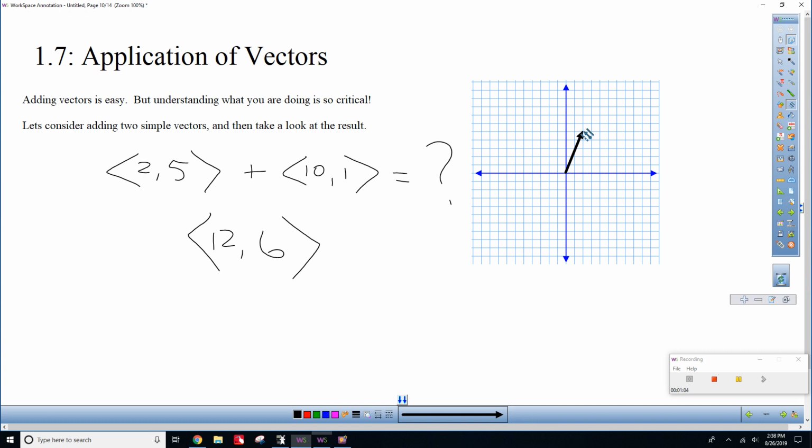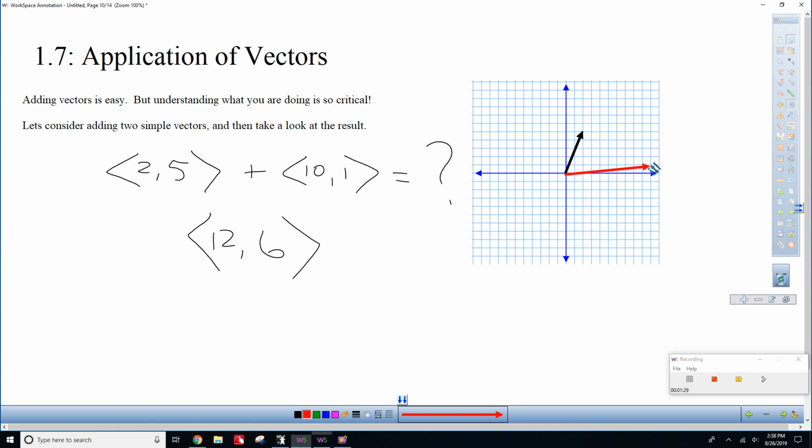So there's <2, 5>, and then <10, 1>: 1, 2, 3, 4, 5, 6, 7, 8, 9, 10. So there's <10, 1>.